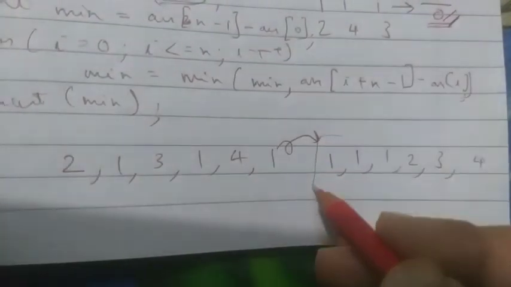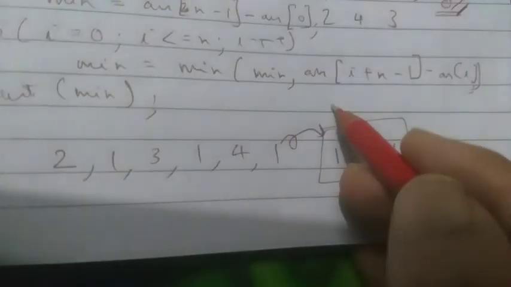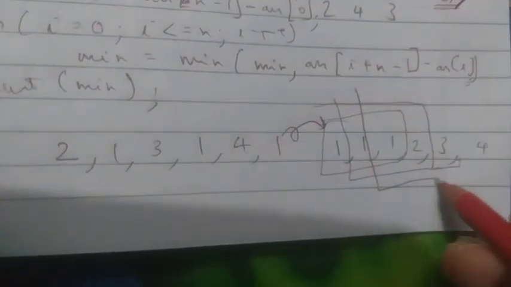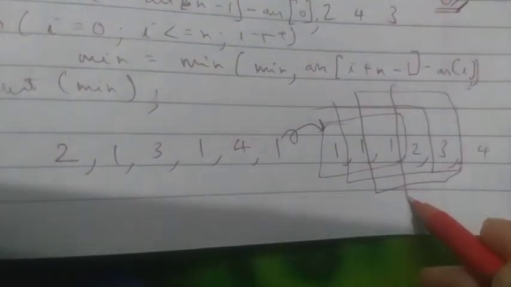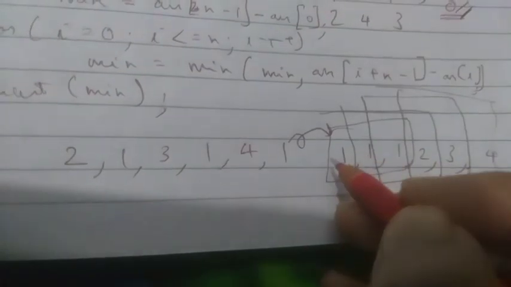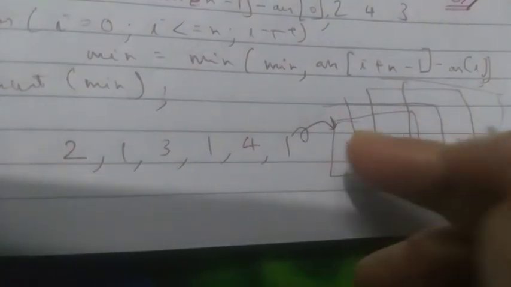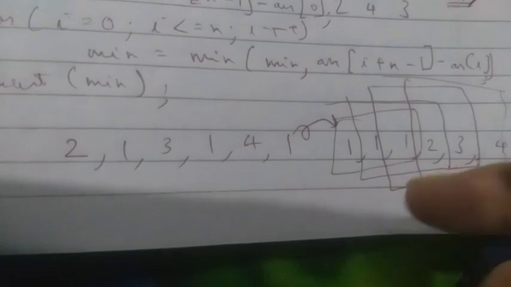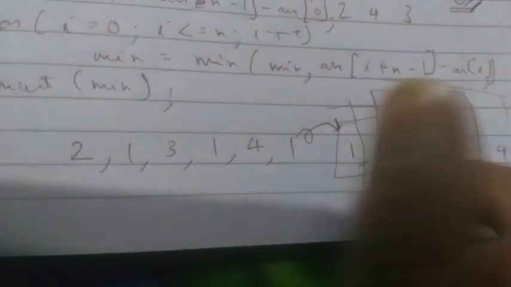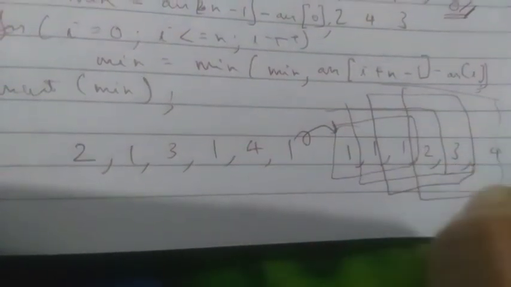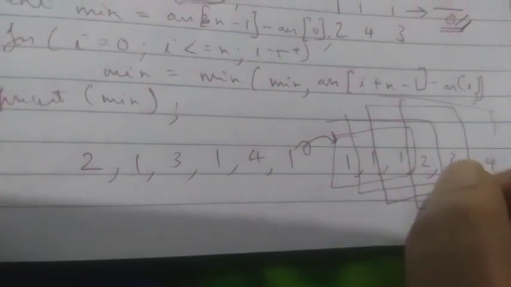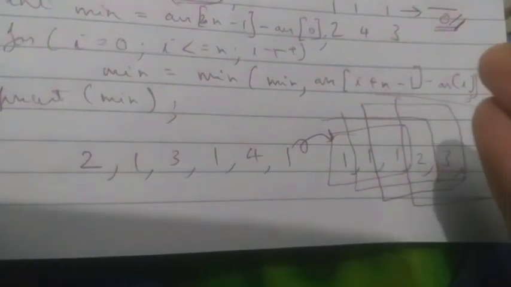That is, this is one array, this is another array, this is another, and this is another, all of them of size 3. For every window we subtract the first element from the last element, because the last element is the maximum of that subarray and the first element is the minimum. After doing all these operations, we find the minimum one and print it.